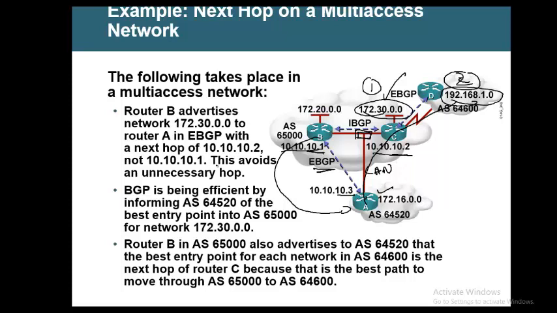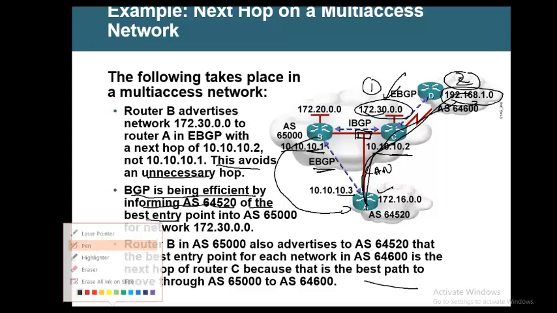This avoids unnecessary hops. So BGP is being efficient by informing autonomous system 64520 of the best entry. What is the best entry to go to 172.30? The best entry is this one, C. Even though C is not a neighbor, the best path is going to be like this. You got it? It is because you have these three routers in the same subnet.